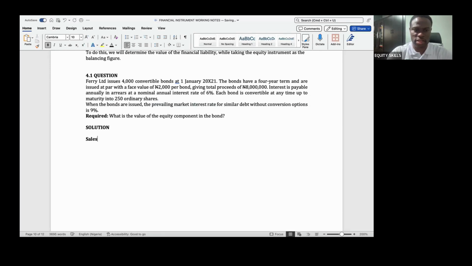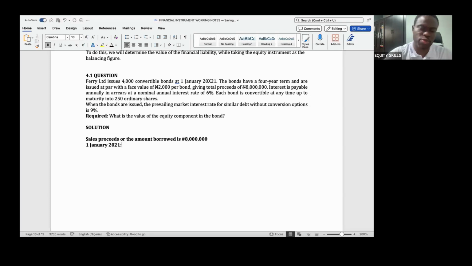First is that the sales proceeds or the amount borrowed, to use a very simple term, is 8 million naira. So this 8 million is what we want to recognize in our books on the date where we borrowed the money, which is January 2021.